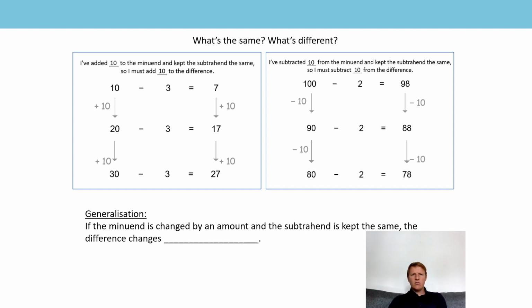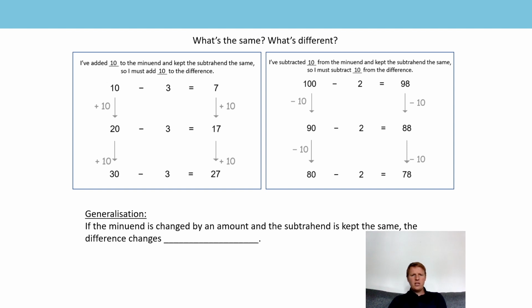What about in our second problem with Evie and Harry? It decreased by 10, didn't it? She spent some money. So the minuend became 10 fewer, which meant the difference became 10 fewer. And that happened again. We subtracted, didn't we, from the minuend, so we had to subtract from the difference. So let's look at our generalization.